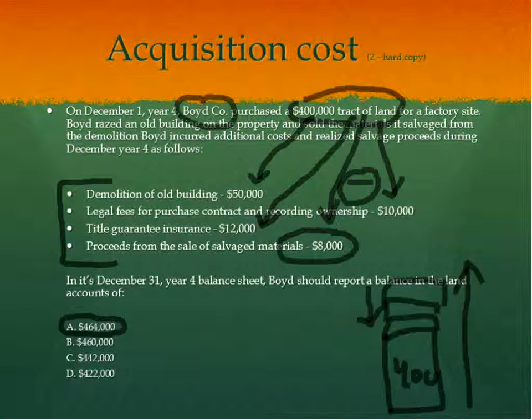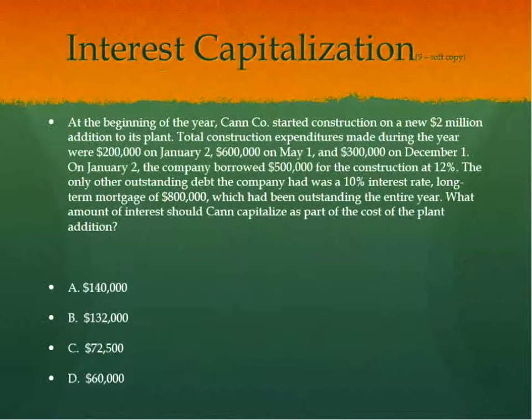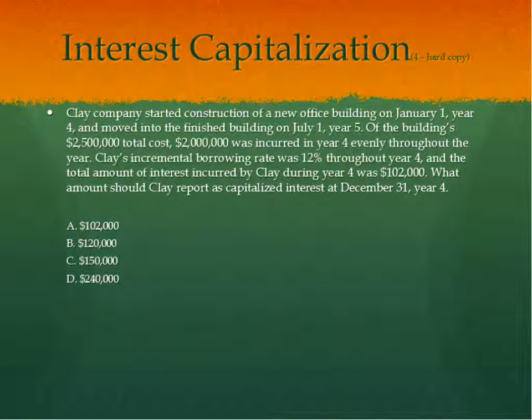And now moving on to the next question, what I want to go over now is interest capitalization. And the idea here is, I want to start with a smaller one first. We have Clay Company building a new office. And the total cost is $2.5 million, and $2 million was incurred this year, right?